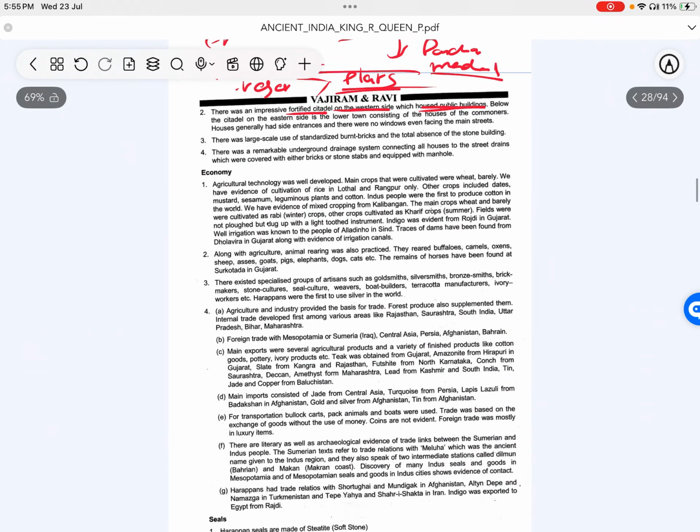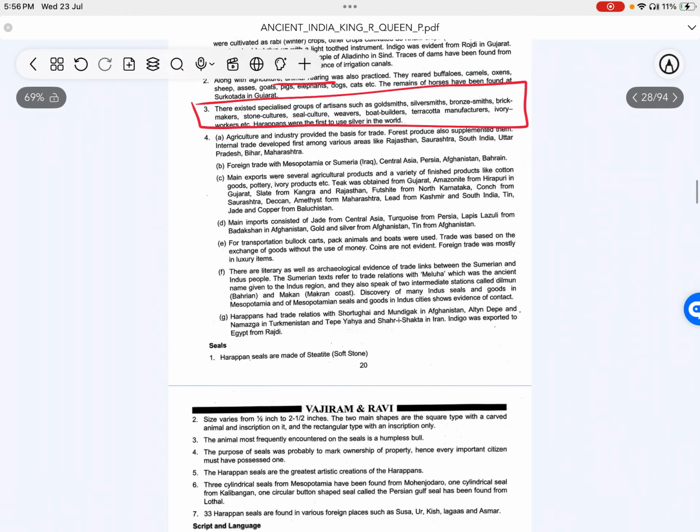And the economy is mostly agriculture. You can see animal rearing is there. There are various kinds of occupations to support the mainstream, because food security is there, food surplus.